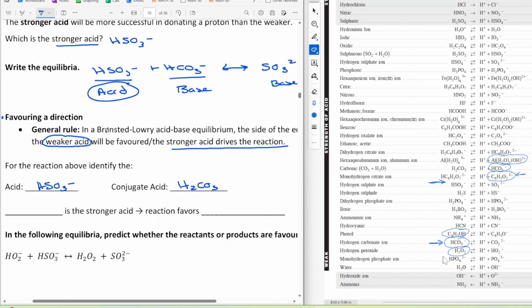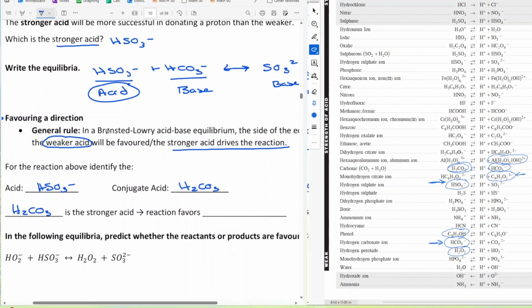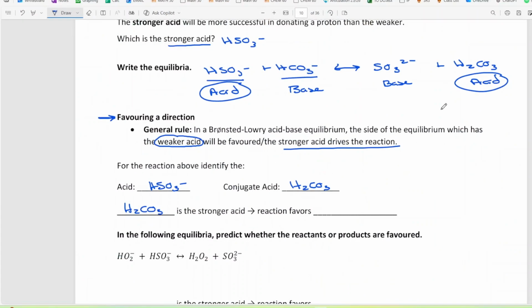If we look these up, we've got HSO3 minus, which was the stronger of my two amphiprotic acids, but now I'm comparing it to the H2CO3, which is right above it. H2CO3 is the stronger acid in this relationship, which means that I'm going to drive the equation towards the weaker acid, which means that the reaction favors the reactants.